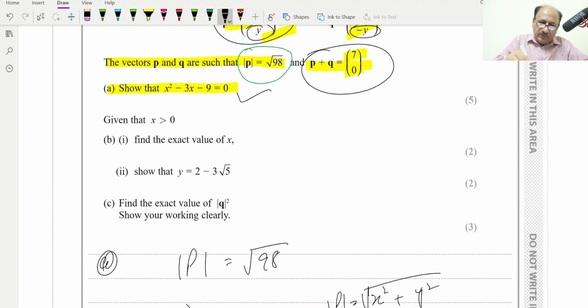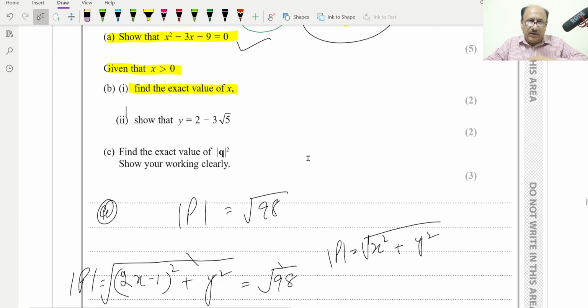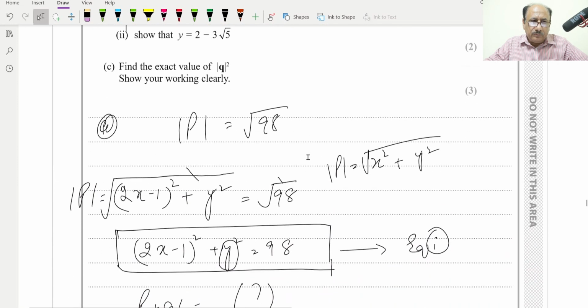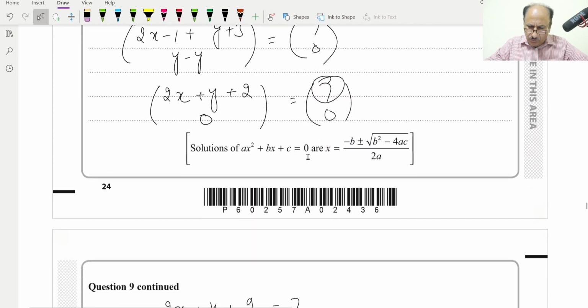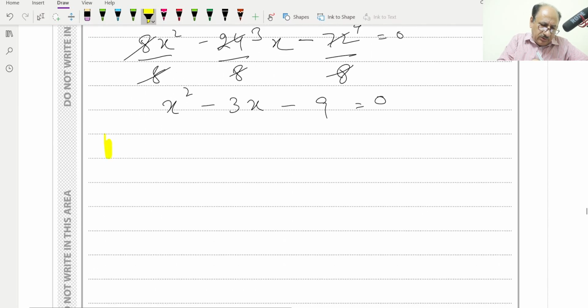Then, given that x is greater than 0, find the exact value of x. So first we need to find the exact value of x, using the fact that it is greater than 0. So for b part, we will be factorizing this quadratic equation.